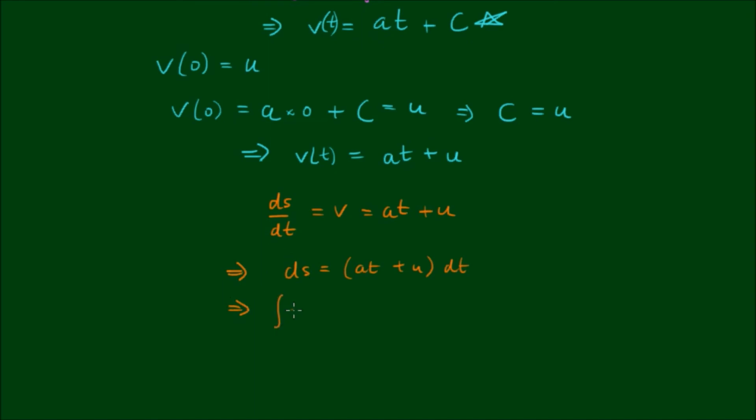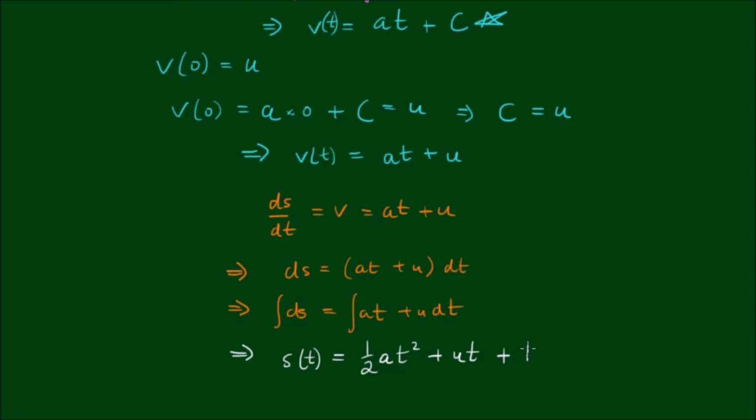Integrating both sides, we get the general solution of the displacement as a function of time is equal to a half at squared plus ut, plus another constant of integration.